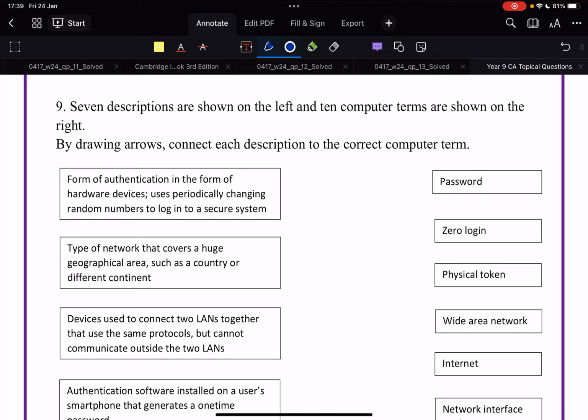Form of authentication in the form of hardware devices that uses periodically changing random numbers to log into a secure system. That's another authentication method, and it is in the form of hardware. You see that as what? Physical token. So I have this here.